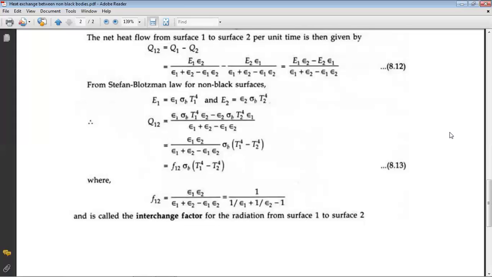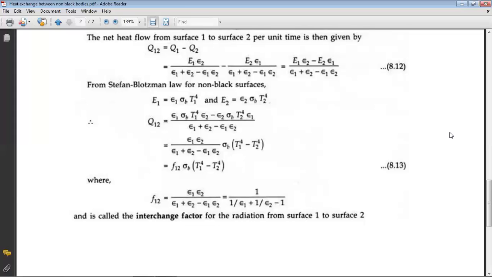Now let us consider an example. Suppose you have a sphere in a cube. The sphere is the inside surface; we will designate it as 1, and the cube is the outside surface; we will designate it as 2. What is F1 on 2, if asked? Obviously it is 1 because F1 on 1 is 0. On a convex surface, the view factor is 0 because it cannot see itself.